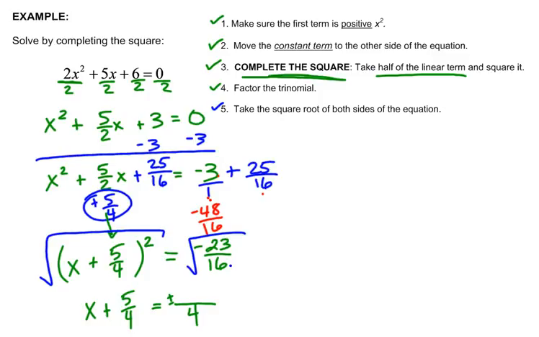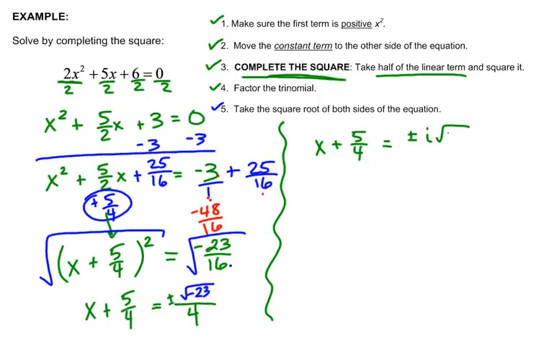Now you'll remember that I mentioned this in class. For right now I'm just going to write it like this so you're understanding what's happening. We're taking the square root of that -23. We haven't spent a vast amount of time talking about this, but anytime we take the square root of a negative number, we're going to pull out an i in front of the radical to indicate that this is an imaginary number.